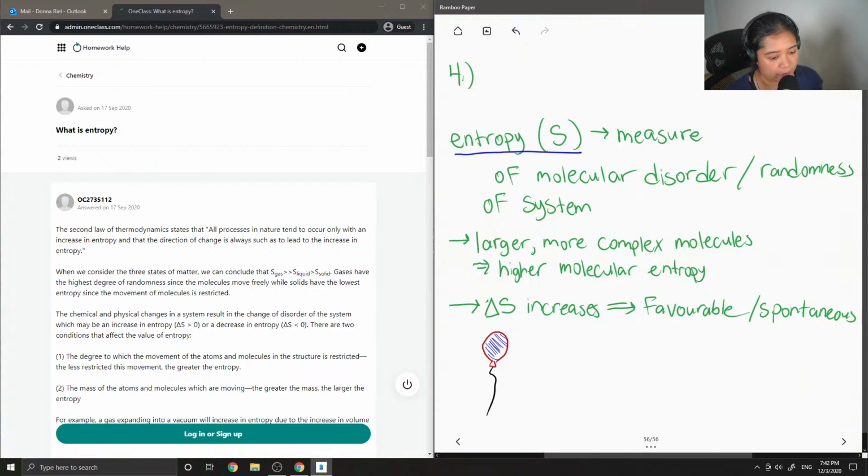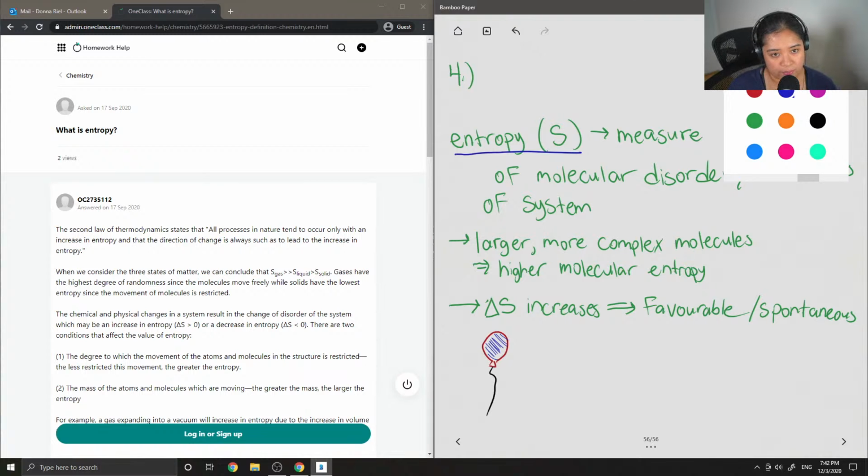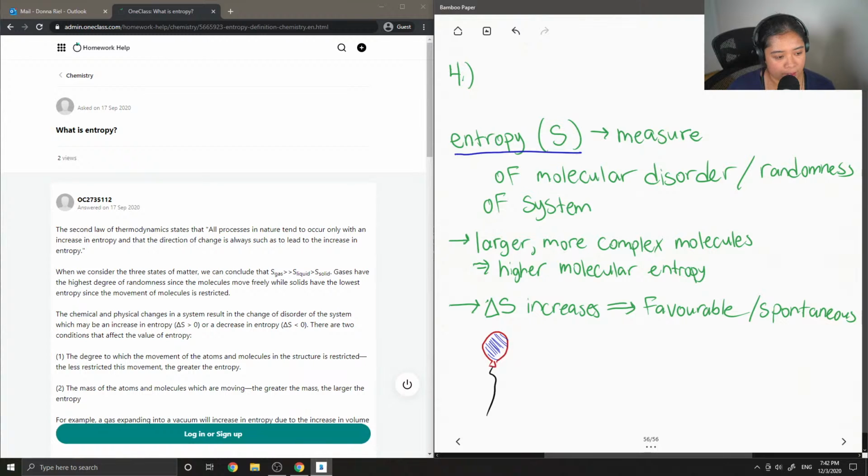When we force the air into it, since it creates a higher pressure, the air really doesn't want to be compressed in such a small space. So the minute that I puncture a hole in the balloon, all the air that is inside it escapes, and relating it to chemistry terms, let's say the gas molecules escaping.